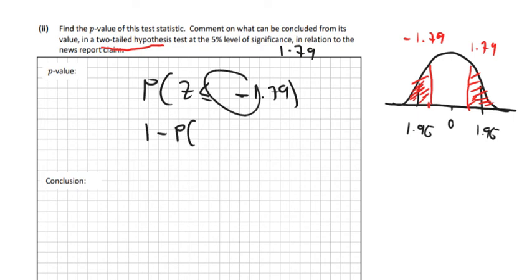We can't look up the Z score for minus in our tables, so we're going to have to look up 1 minus the probability of Z is less than or equal to 1.79, so of positive 1.79.